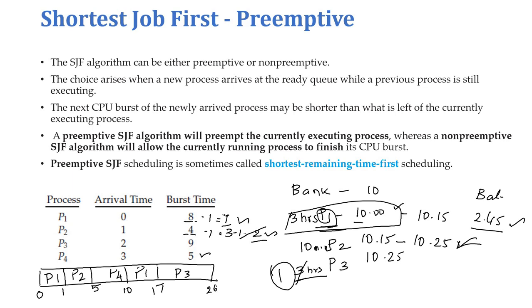So now we need to calculate the waiting time and turnaround time. The one thing we need to note down is the waiting time calculation. We have the arrival times: P1 arrived at 0, P2 arrived at 1, P3 arrived at 2 and P4 arrived at 3.